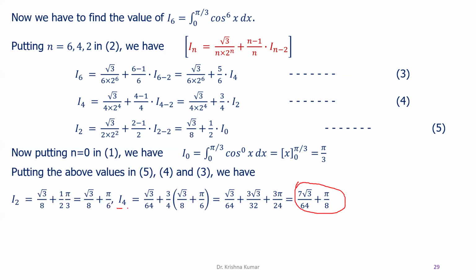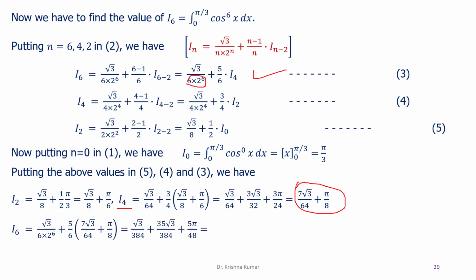Now we have to substitute the value of I4 in equation number 3. We have I6. So I6 is equal to root 3 upon 6 into 2 to the power 6, which is nothing but 384, plus 5 by 6 into I4, which is 7 root 3 upon 64 plus pi by 8.